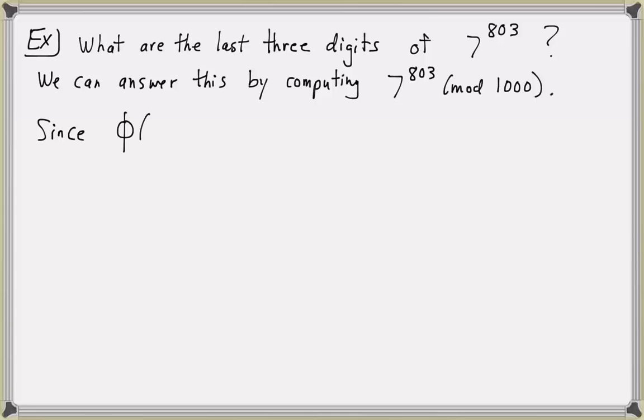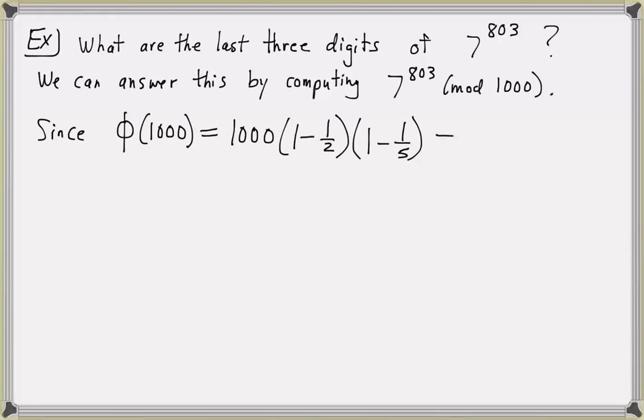So phi of 1,000 would be 1,000 times 1 minus 1/2 times 1 minus 1/5. And when you simplify this, this equals 400.